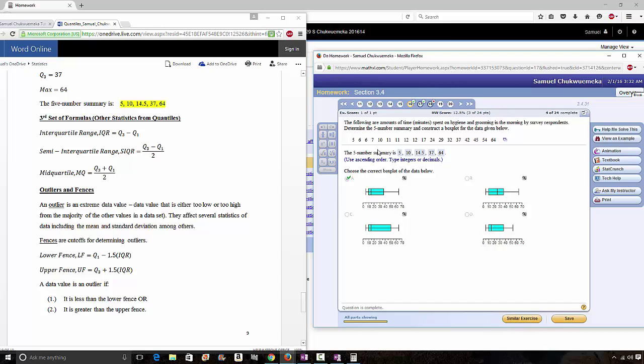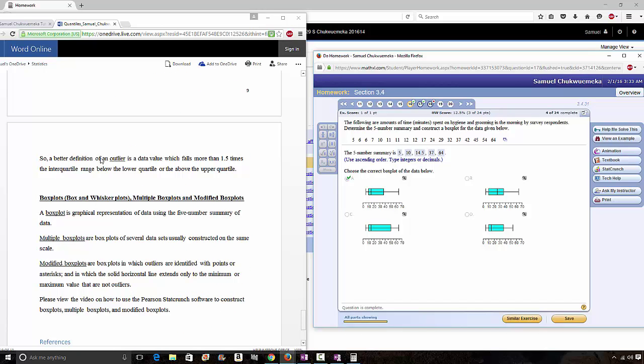So your lower fence will be Q1, your first quartile, minus 1.5 times the interquartile range. And your upper fence will be Q3 plus 1.5 times the interquartile range. So a data value is an outlier if it is less than the lower fence or greater than the upper fence.